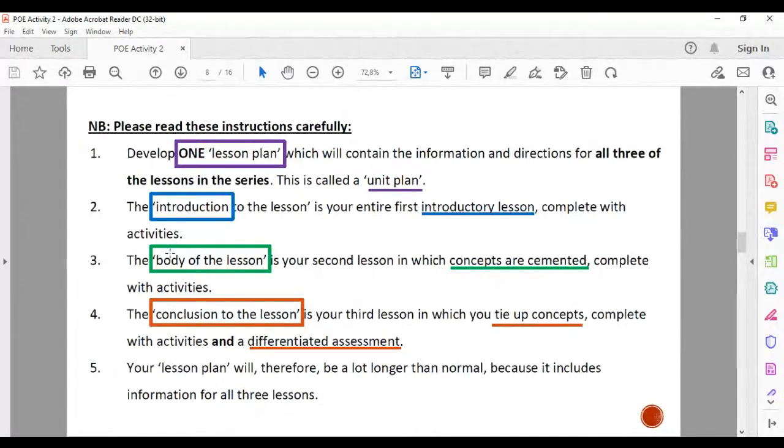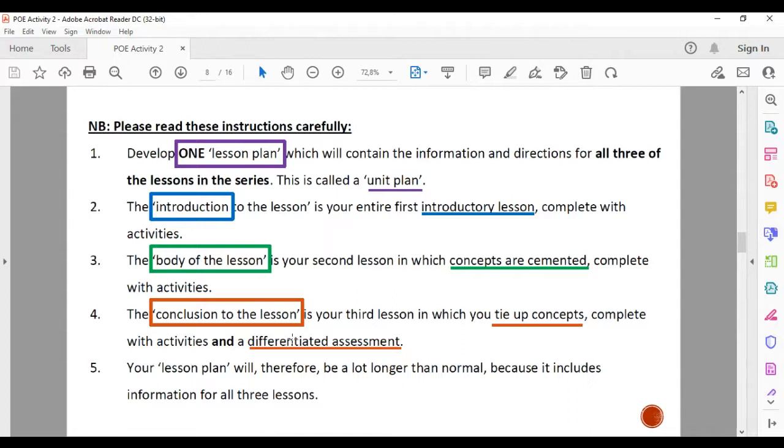The body of the lesson is your second lesson, in which concepts are cemented, complete with activities. And then the conclusion of your lesson is your third lesson, in which you tie up the concepts, complete with activities, and a differentiated assessment. Your lesson plan will therefore be a lot longer than normal because it includes information for all 3 lessons.